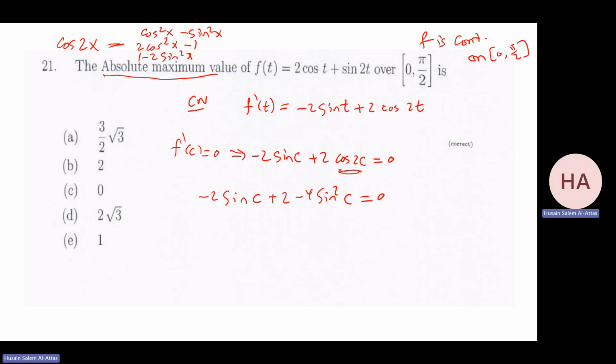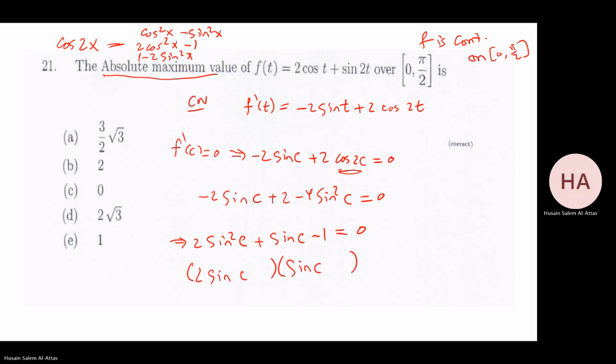Actually, I can divide by minus 2. So I have 2 sine square c plus sine c minus 1 equals 0. Factor: 2 sine c minus 1, sine c plus 1 equals 0.